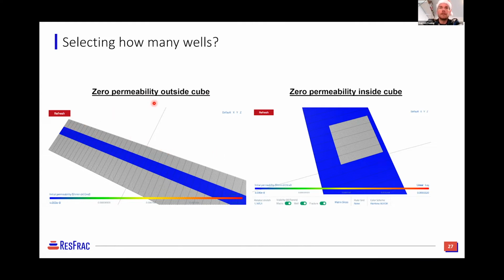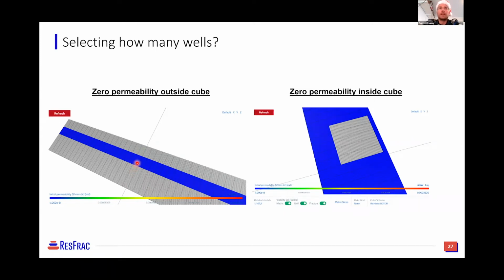And we have two different zero permeability cubes. The first type is called a zero permeability outside cube. So you can see in this image down below, what I have done is I've specified a matrix region, and then I have zeroed out the permeability to the top and bottom of this blue region.